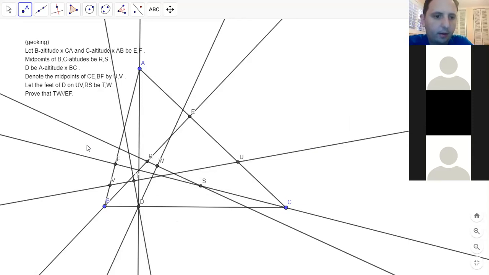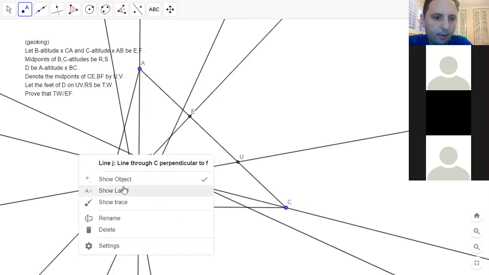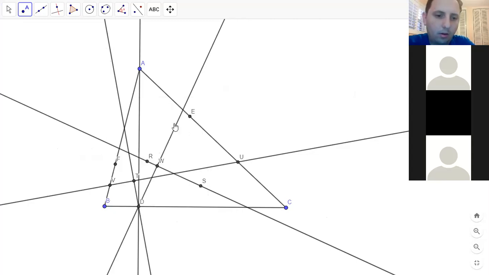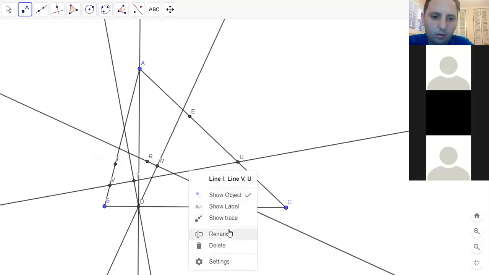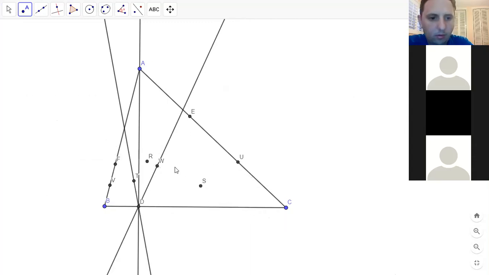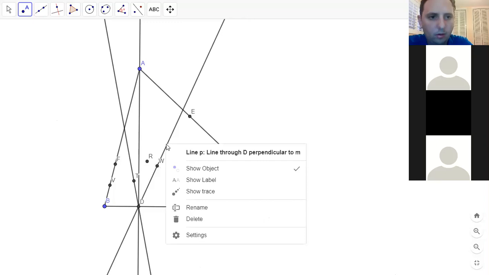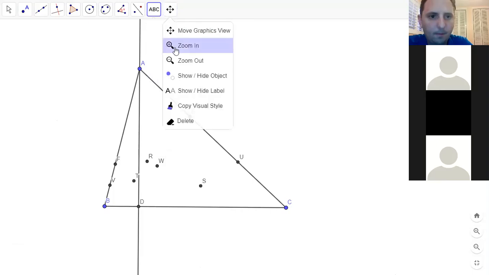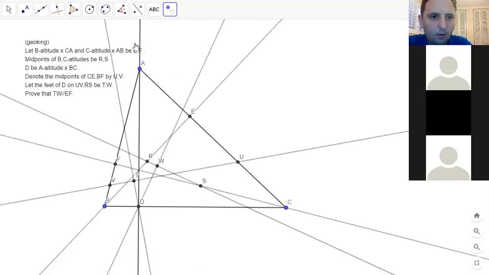Maybe it looks a little like a homothety somehow. Oh, whoops. What did I just do? Did I delete the problem? All right, now let me redraw everything.